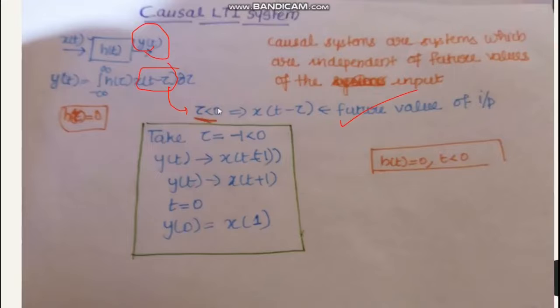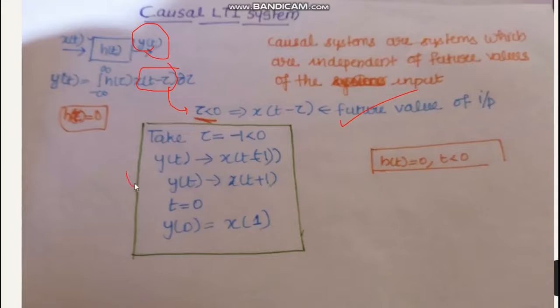Okay, now we can check that. Take tau equal to minus 1, which is less than 0. Now put it in this equation, x of t minus tau: with tau equal to minus 1, you will get x of t minus minus 1, and minus minus 1 becomes plus, so you will get y of t as x of t plus 1.